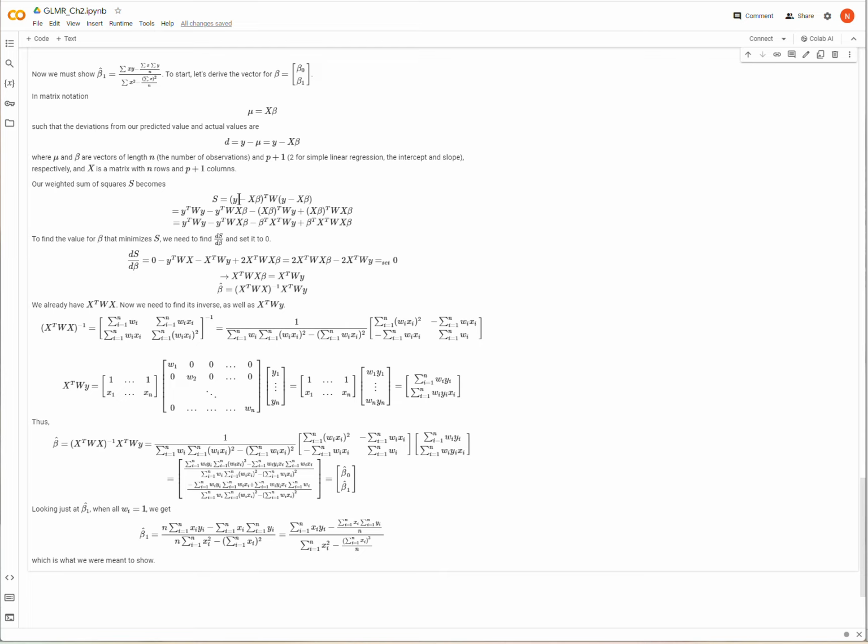If I expand this expression out, I take y transpose times w times y, and I get this. I take y transpose times w times x beta, and I get this expression. You can just keep going. Now negative x beta transpose times w times y.